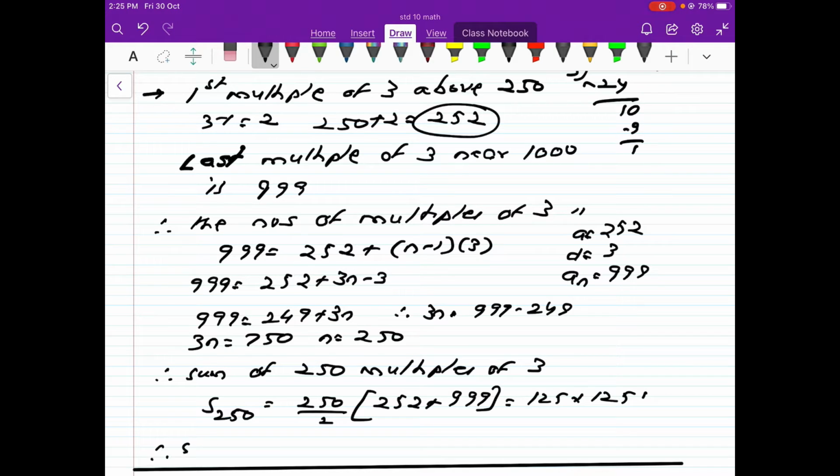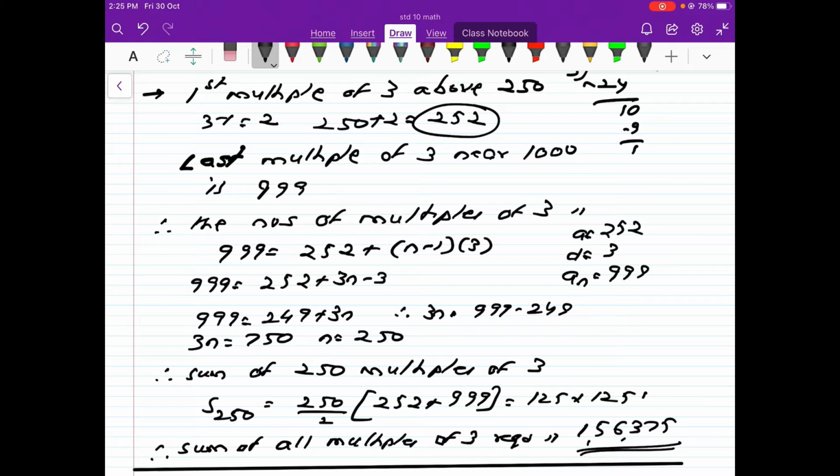So we will say the sum of all multiples of 3 required is 1,56,375. So this is how we do the sums.